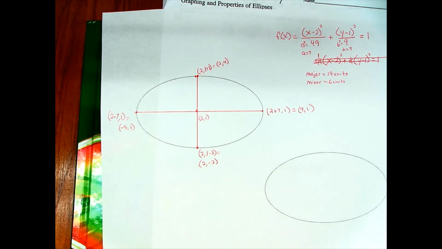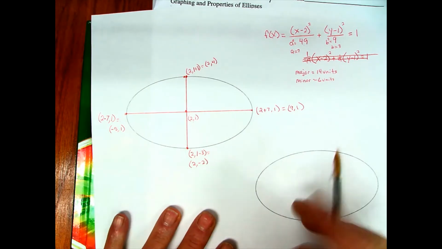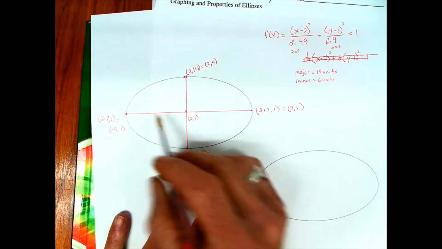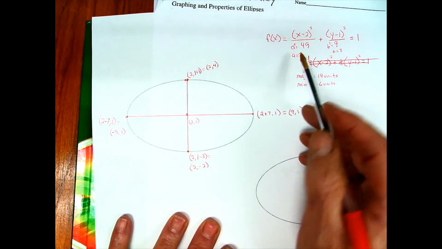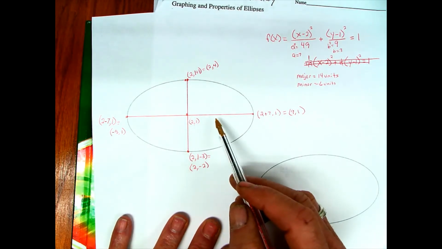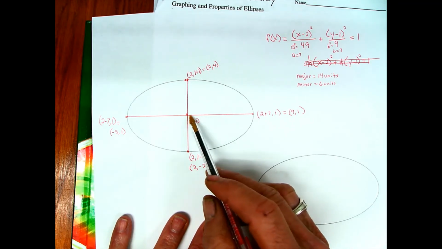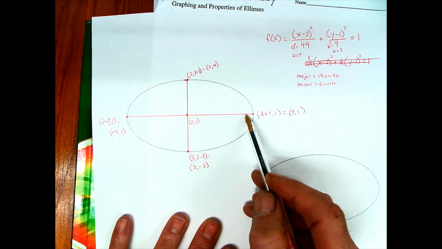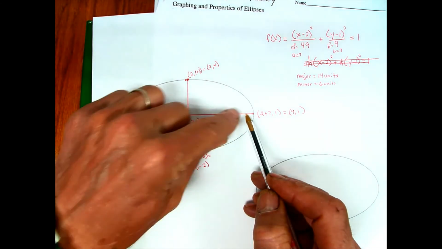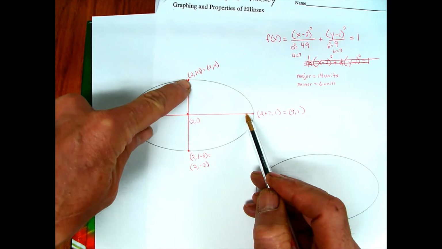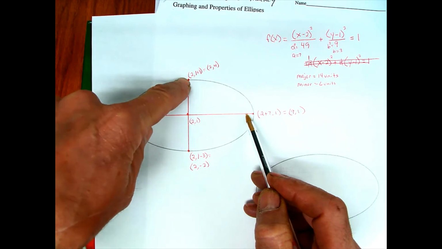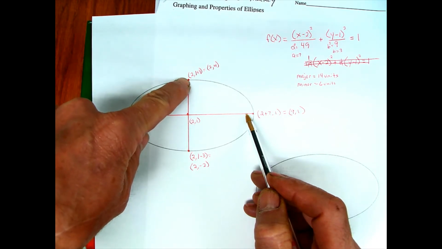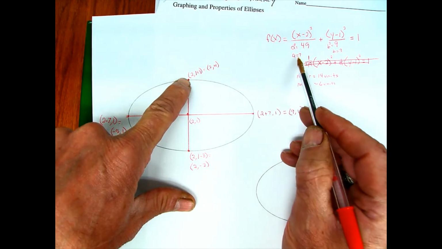The last thing that we're going to do is plot the foci. Foci is a little point that goes right here and right here. It actually is the same from the center point. It goes out from the center point, and then it makes a right triangle with the covertice. The length of this line segment going from the foci to this covertice is the same length as this right here.